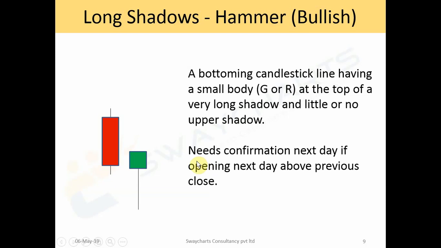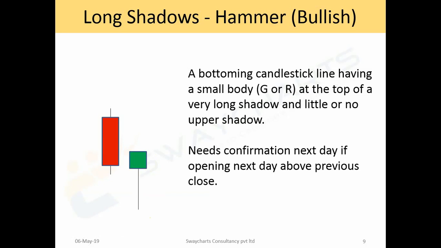The thumb rule is going to be applied in each and every advanced single candlestick, right? So need confirmation next day for the trade, right? So that is what it says. So this is a hammer and it is a bullish pattern. So in hammer, there is nothing like bullish hammer or bearish hammer, right? This is going to be a bullish pattern always.